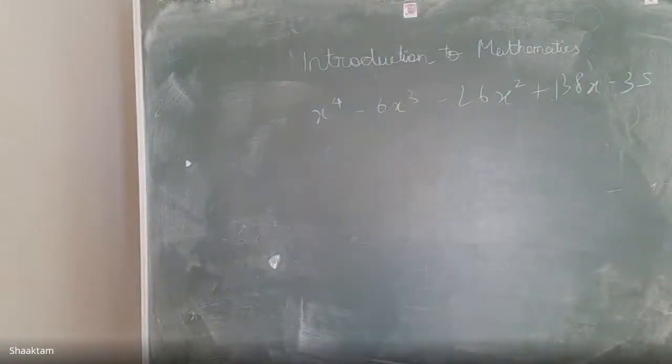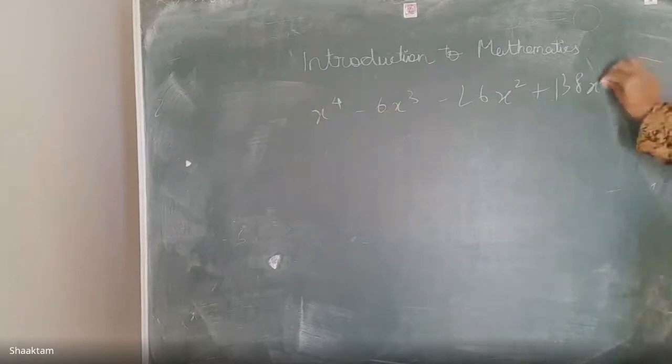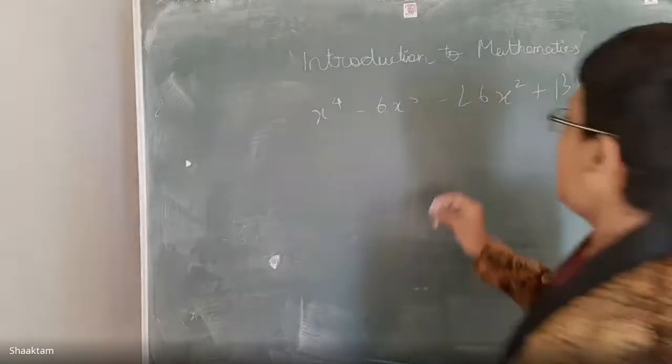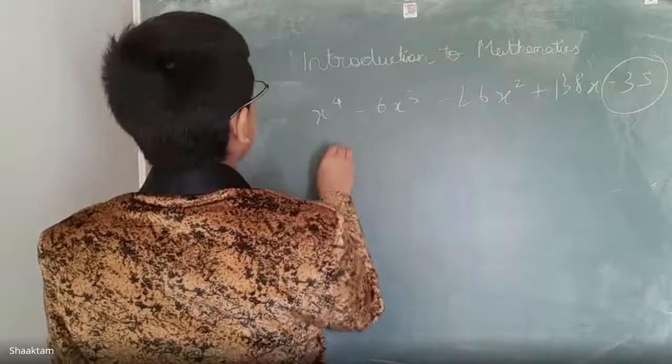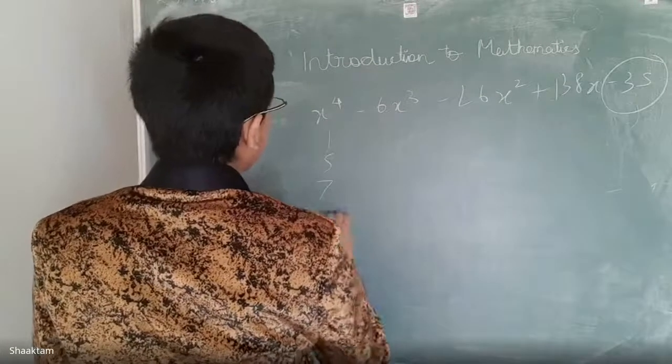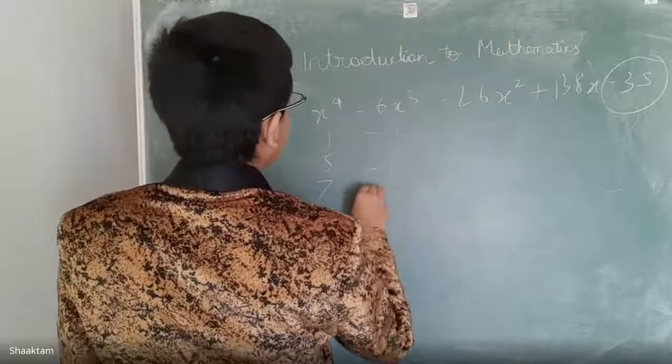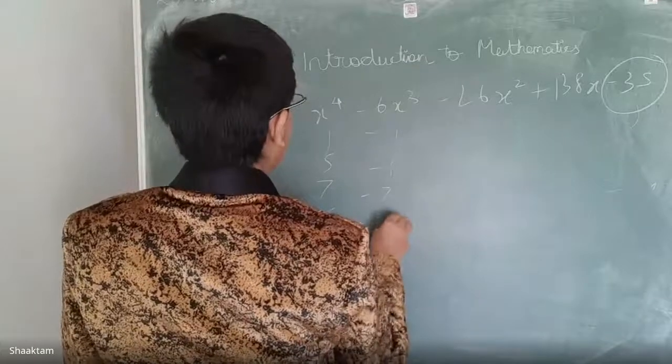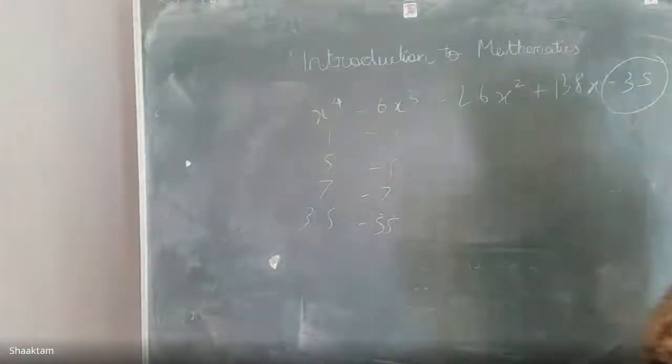We see the constant minus 35 and the factors you will get are 1, 5, 7, 35, minus 1, minus 5, minus 7, minus 35.